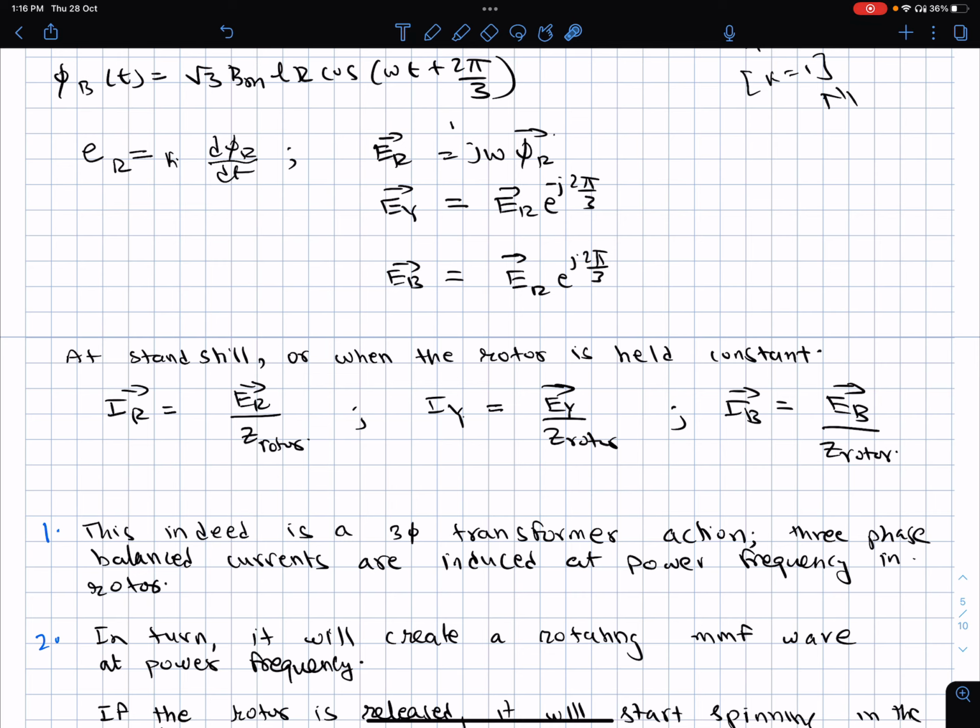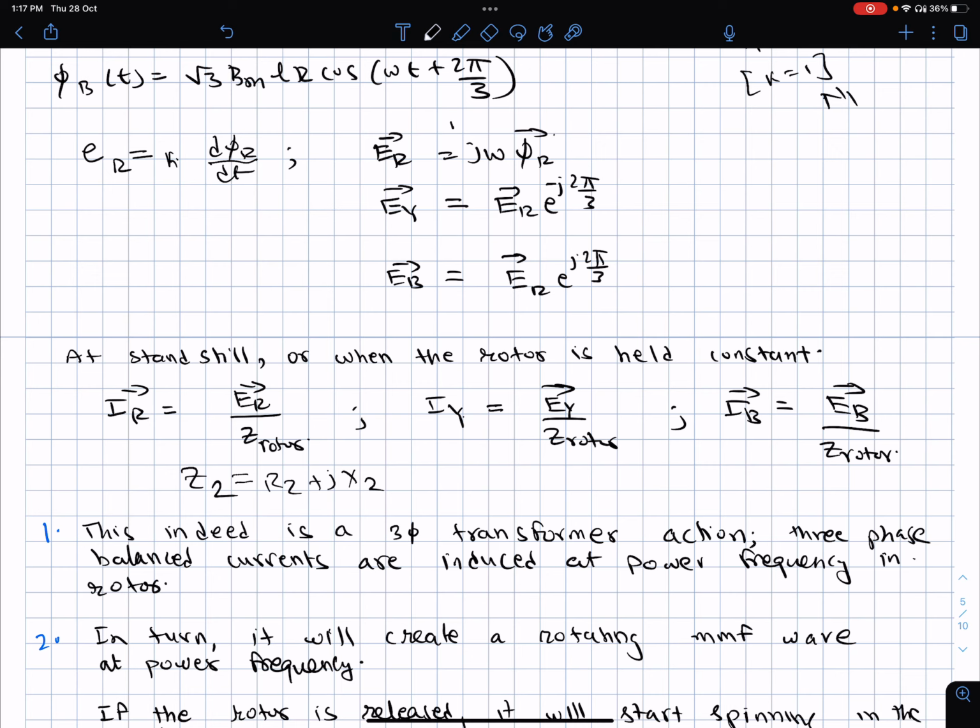So if the secondary winding has a resistance of R2 and a leakage reactance of jX2 at the fundamental frequency omega m, then the secondary winding, see, induction machine is also called a generalized transformer because you can see the similarity of the functioning of the transformer and the induction machine here. So stator windings are many times shown as R1, X1, and rotor winding impedances are shown by R2, X2, and so on.